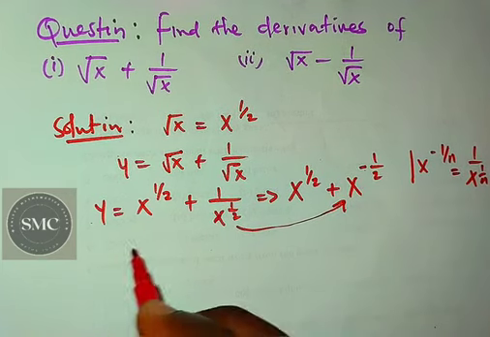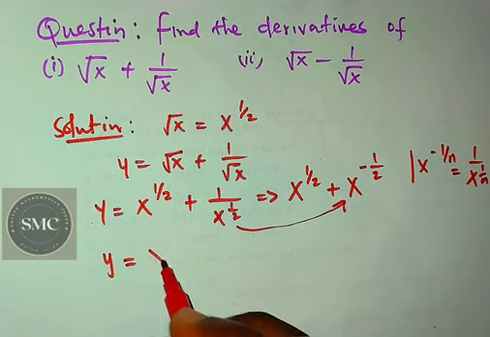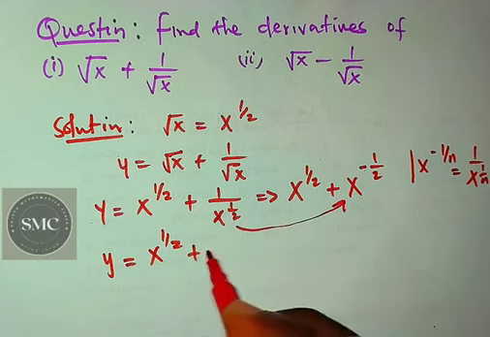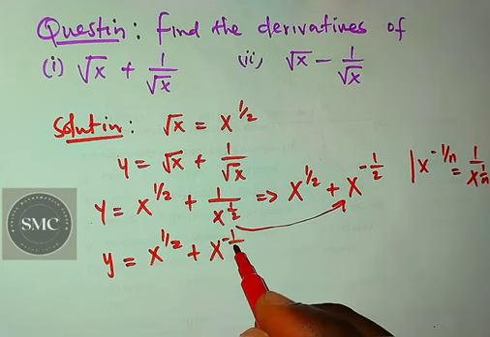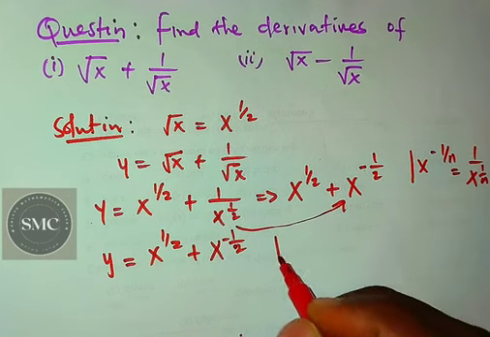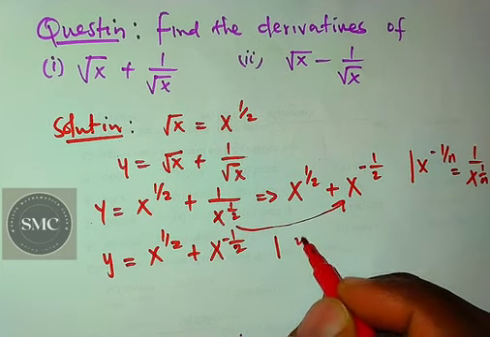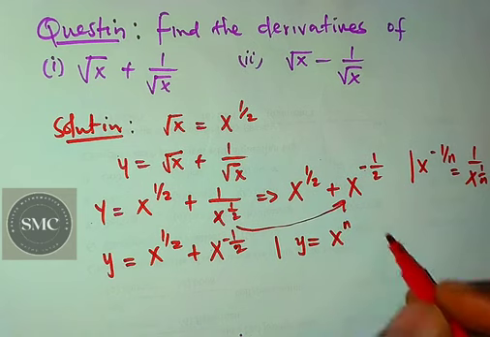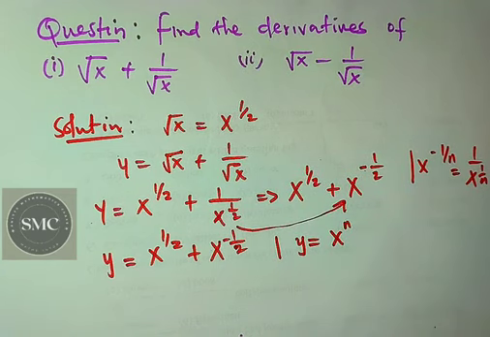So now we have our function to be x to the power 1 over 2, then plus x to the power minus 1 over 2. If you remember, I told you that when you have a function y equals x to the power n, our n can be negative, it can be a fraction, it can be any number.